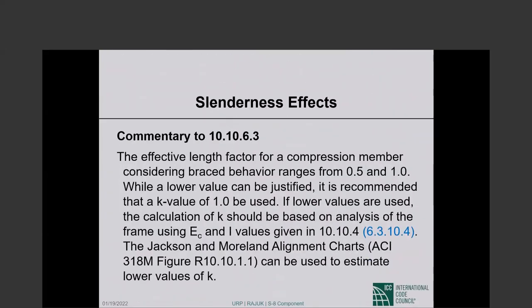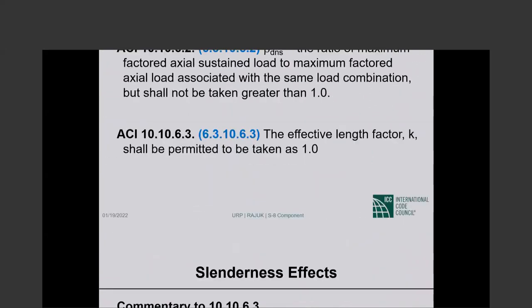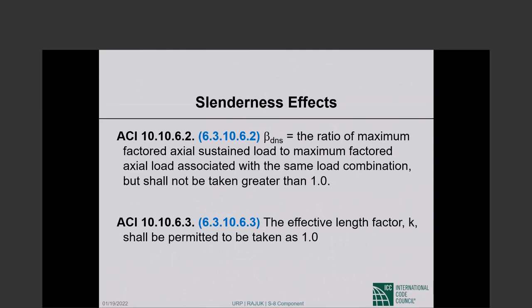Okay. The effective length factor K shall be permitted to be taken as 1.0. Okay. So remember, these are braced columns, non-sway. So K is between 0.5 and 1.